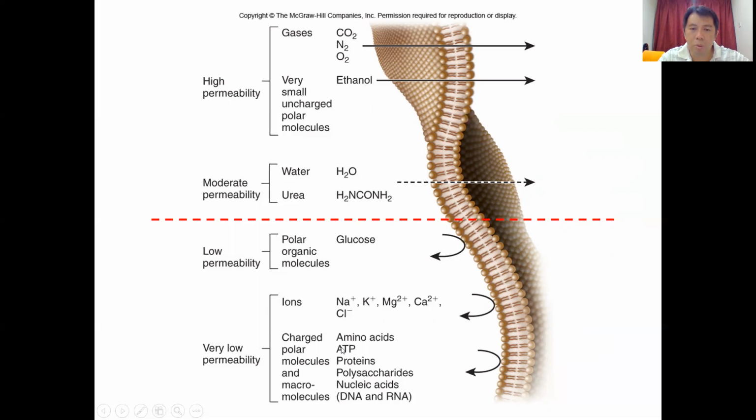However, glucose, amino acids, nucleic acids, and ions are unable to pass through the phospholipid bilayer without transport proteins. So these substances require transport proteins to pass through.